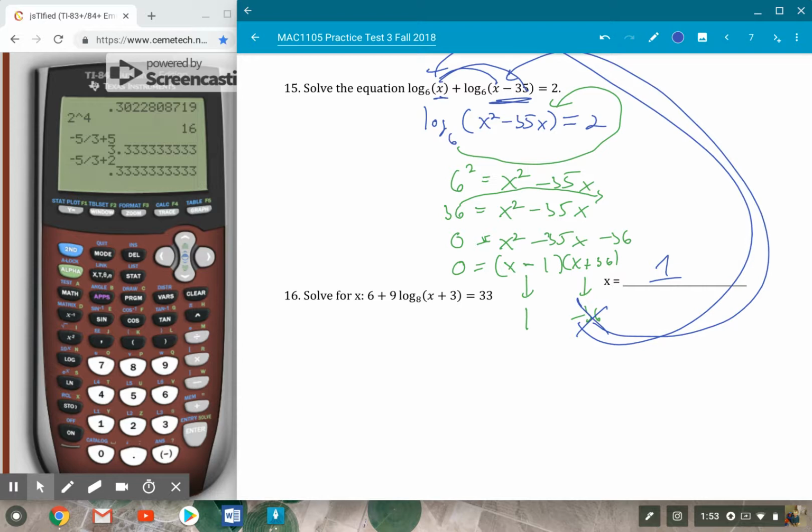And in looking at this, it appears that 1 is also not a solution because 1 would give you a negative. When you plug it in there, you would get a negative 34. So it ends up being no solution here. You can't have a negative within those logs here.